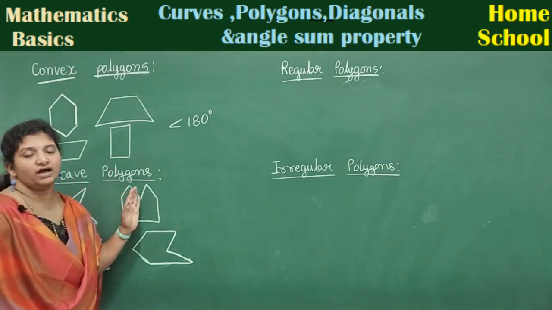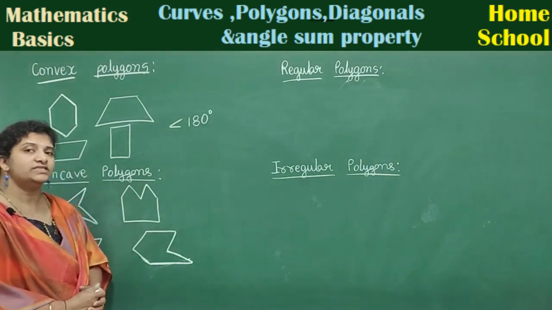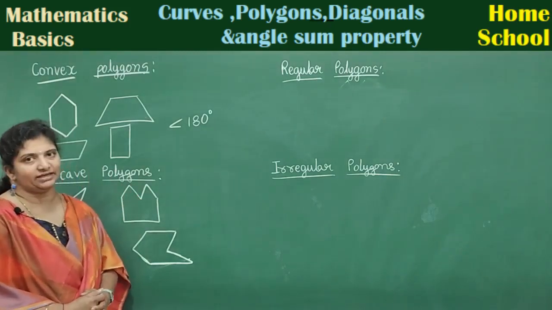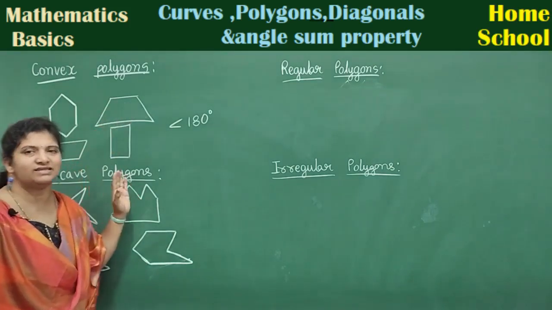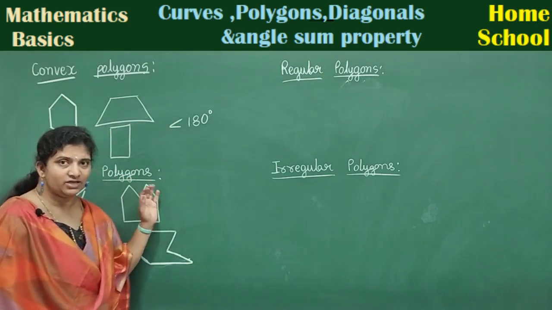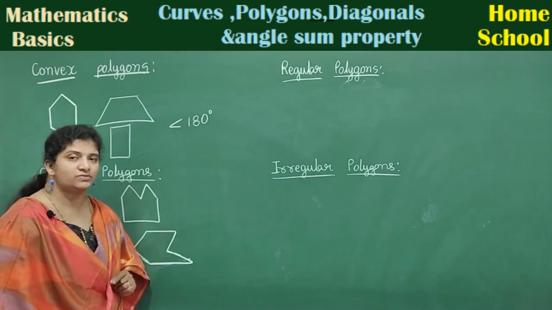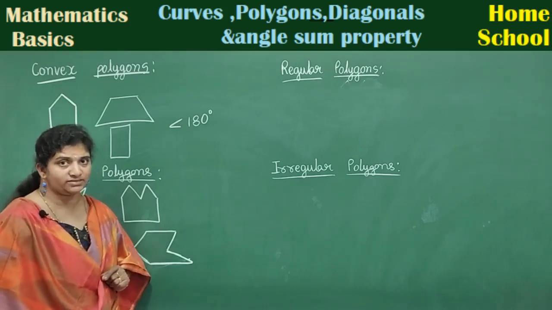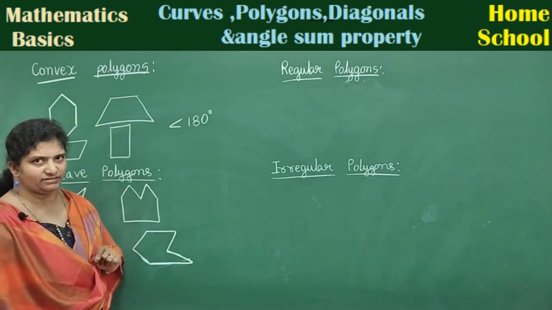Convex polygons are those polygons having all the angles less than 180 degrees. In this polygon, each angle will be less than 180 degrees. Those polygons are called convex polygons. I repeat, convex polygons are those polygons where each angle is less than 180 degrees.